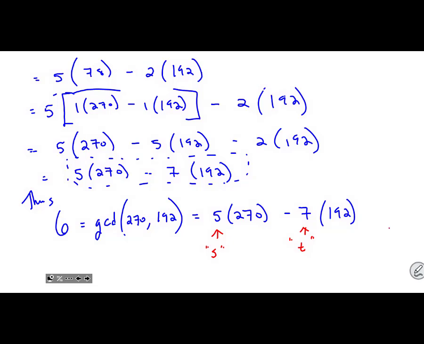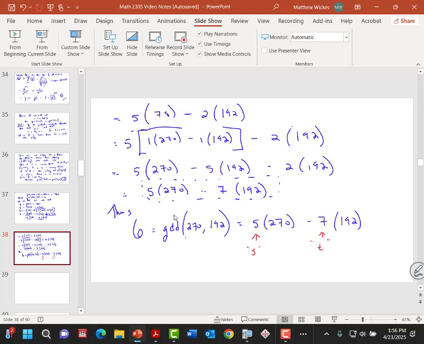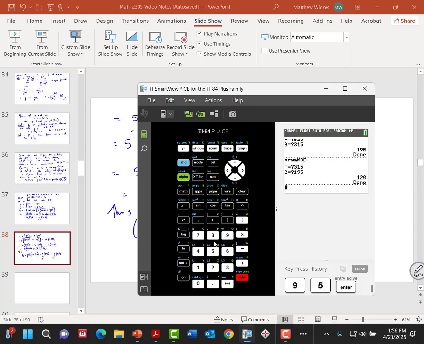And just to check, let's actually punch in this linear combination and let's see what we get. And we should get the GCD of 270 and 192. So when I punch this linear combination in, it should output a 6. So let's see here, 5 times 270. So 5 copies of 270, subtract 7 copies of 192.